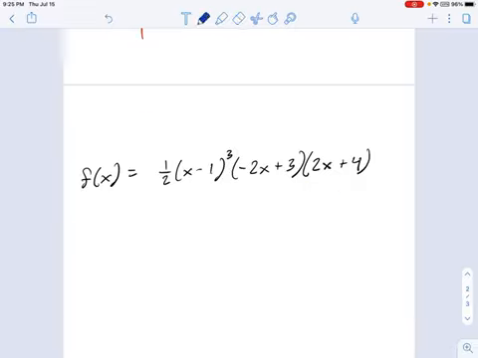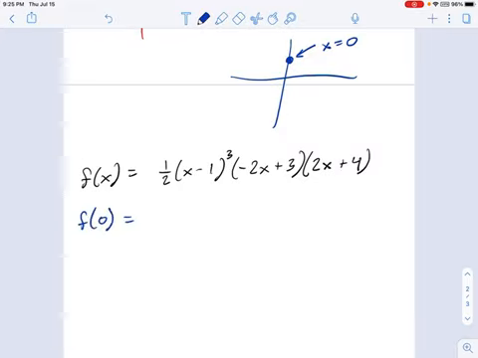So, to figure out a y-intercept, it's very easy. If you think about a y-intercept, remember, it's just a point like this. Well, what's x equal to at the y-intercept? I don't know what y is, but I know x equals 0. So, just figure out what f is if x equals 0.